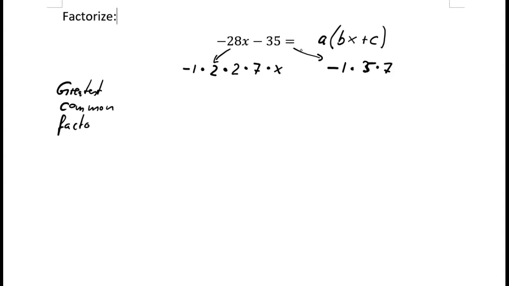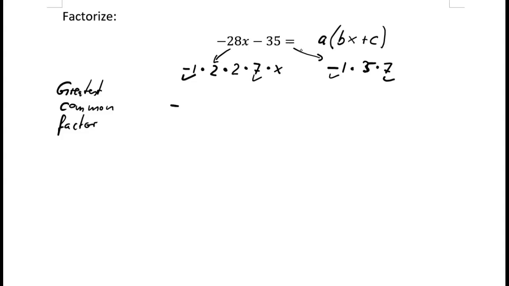And that is quite easy to find. So we just take what is common in both of these expressions. So we see that negative 1 is in common and 7 is in common. We can take that out of the equation.